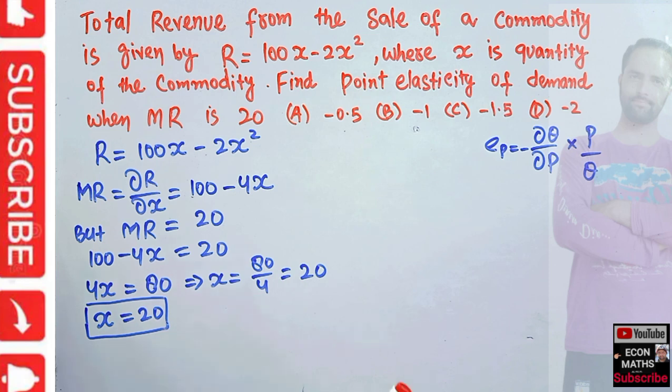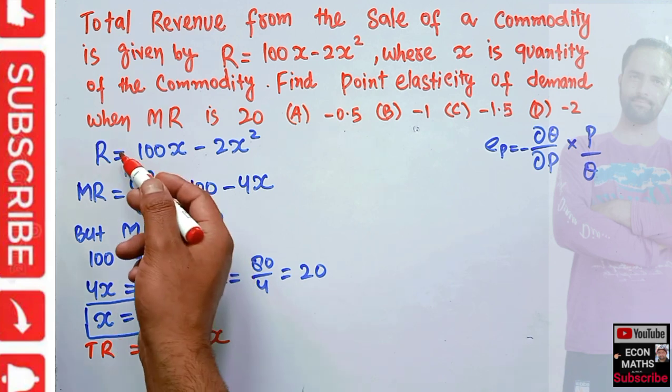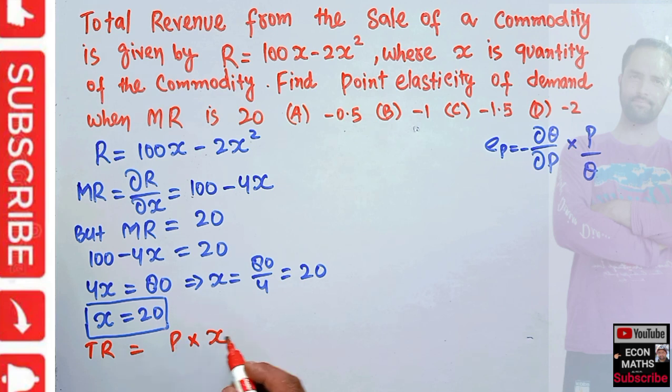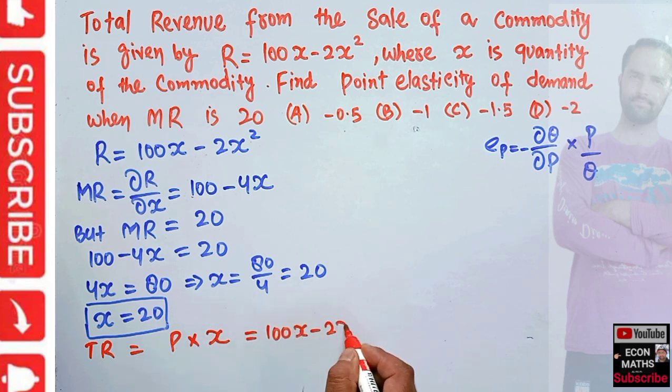But we need to find the demand function. As we know, total revenue is equal to price into output. So price into output, P into X, should be equal to 100x minus 2x square.